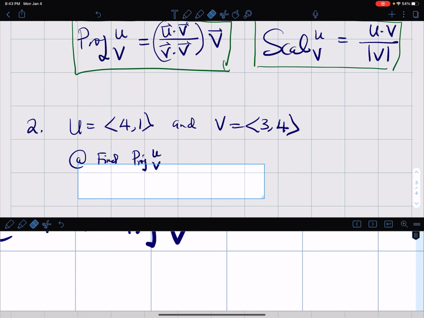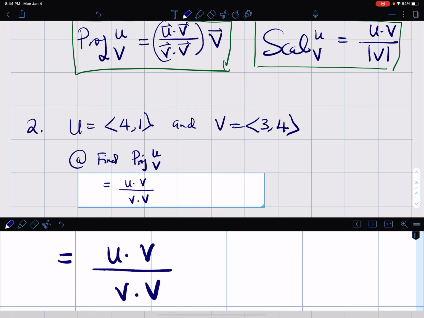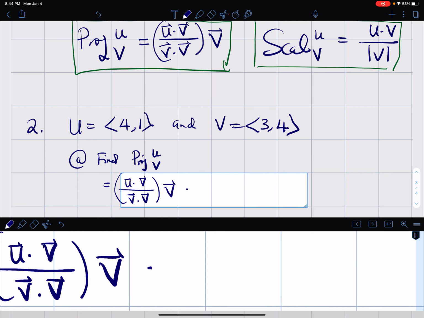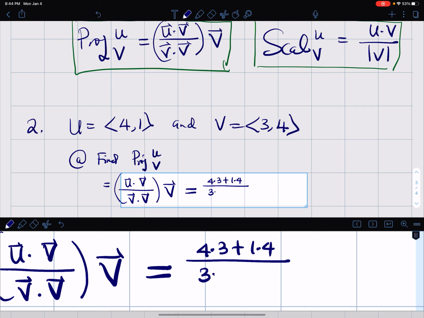So the projection of U onto V, let's rewrite the formula. Projection of U onto V is just going to be U dot V over V dot V, times V. So this is going to be U dot V is 3 times 4, or 4 times 3, plus 1 times 4, all over V dot V, which is 3 times 3 plus 4 times 4.